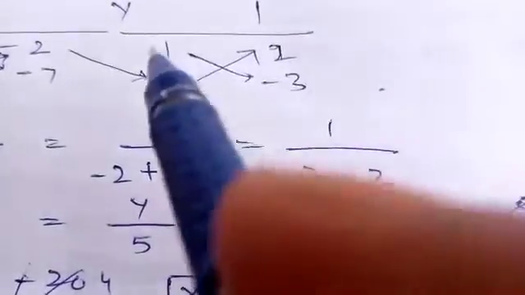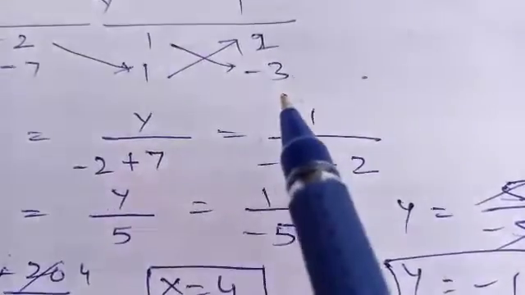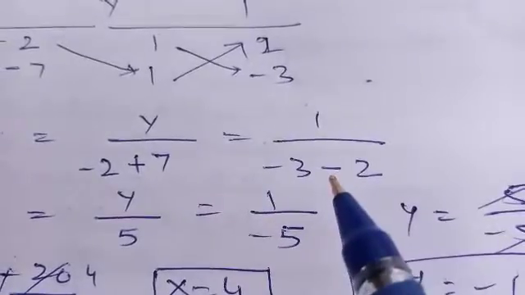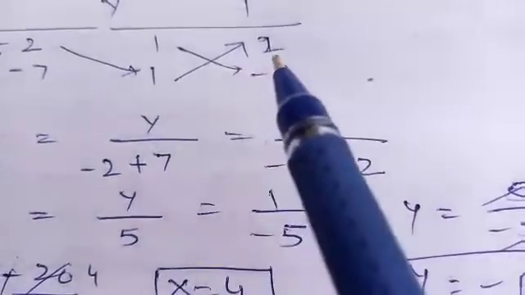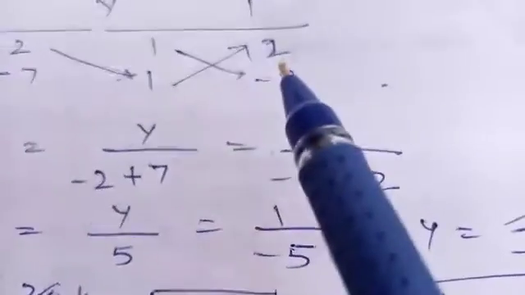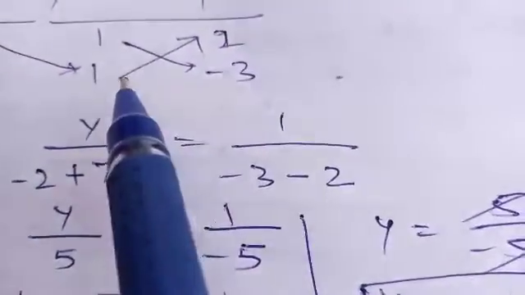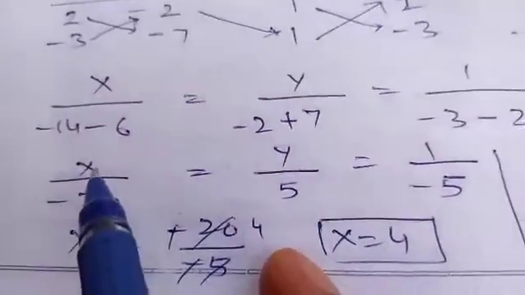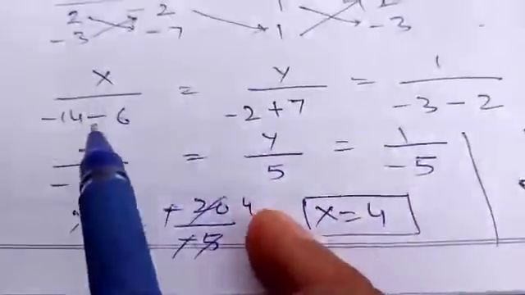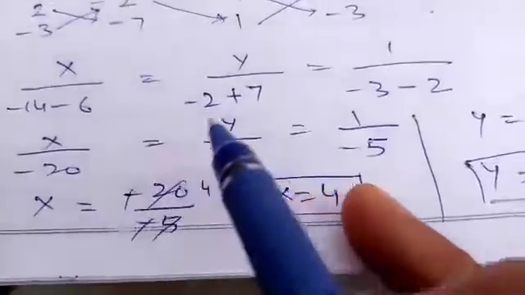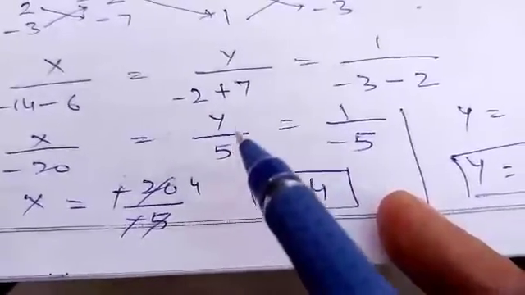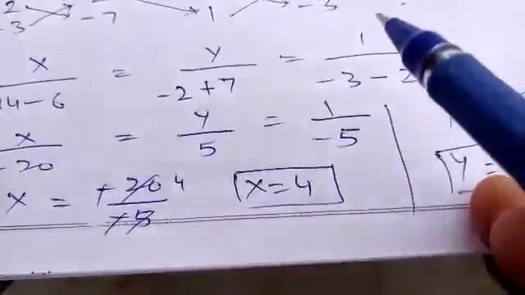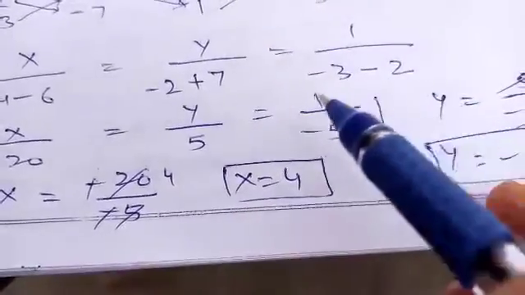Then 1 upon 1 multiplied by minus 3 and minus 1 times 2 is minus 2, so both are negative. So what is the value? x upon minus 14 minus 6 equal to minus 20, and y equal to minus 2 plus 7, which is positive 5. 1 upon minus 3 minus 2 equal to minus 5.